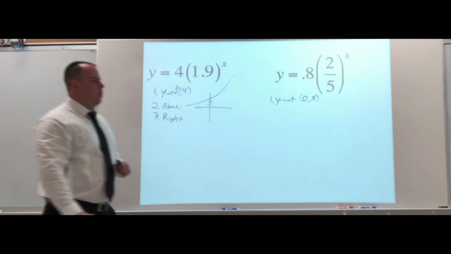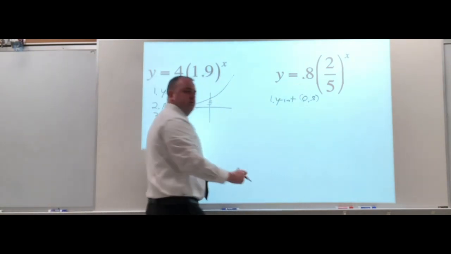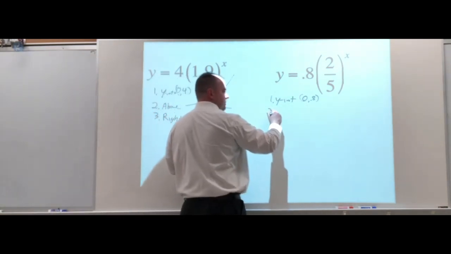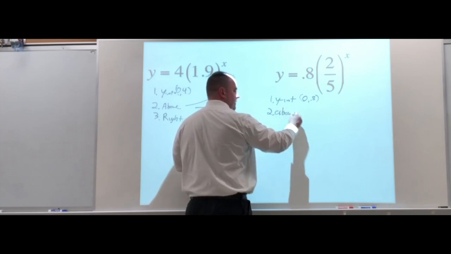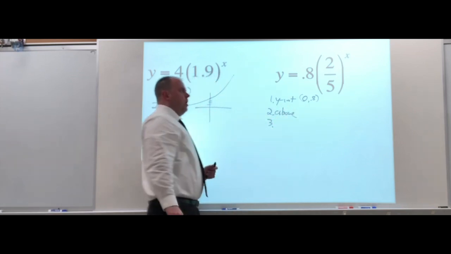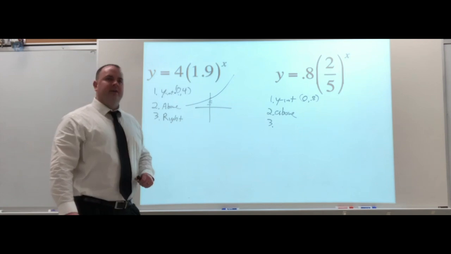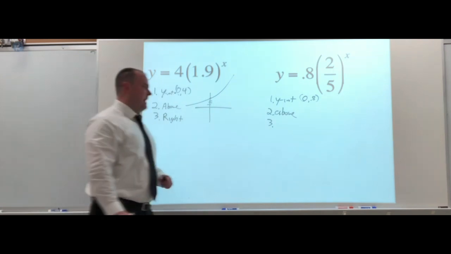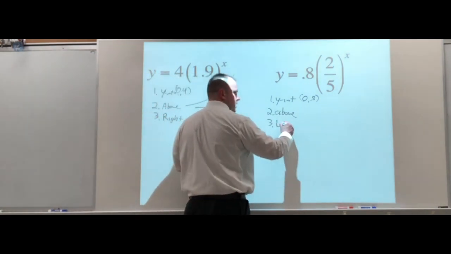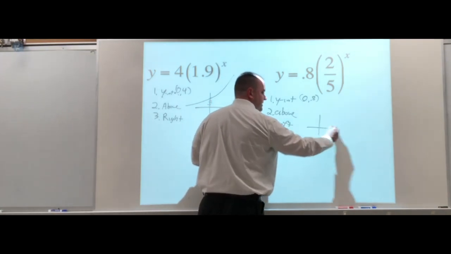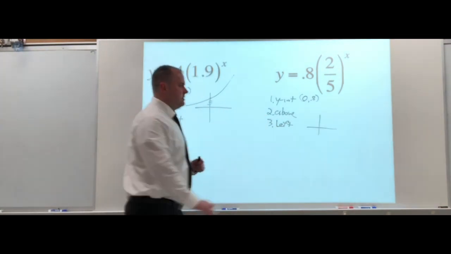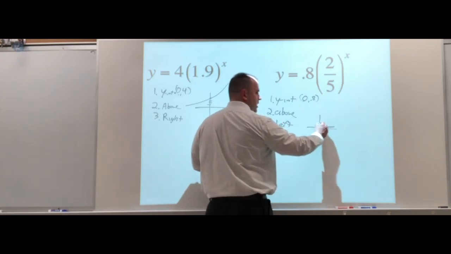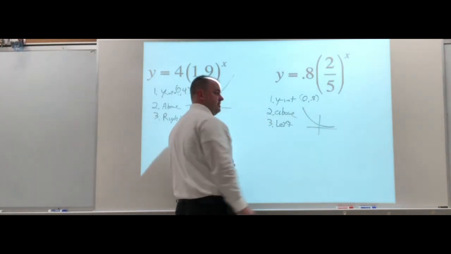We have a positive 0.8, so again it's above the x-axis. And 2 over 5 is less than 1, so this time it's moving away to the left. And what we mean by that is, if there's our coordinate plane, this is going to be going up and to the left this time.